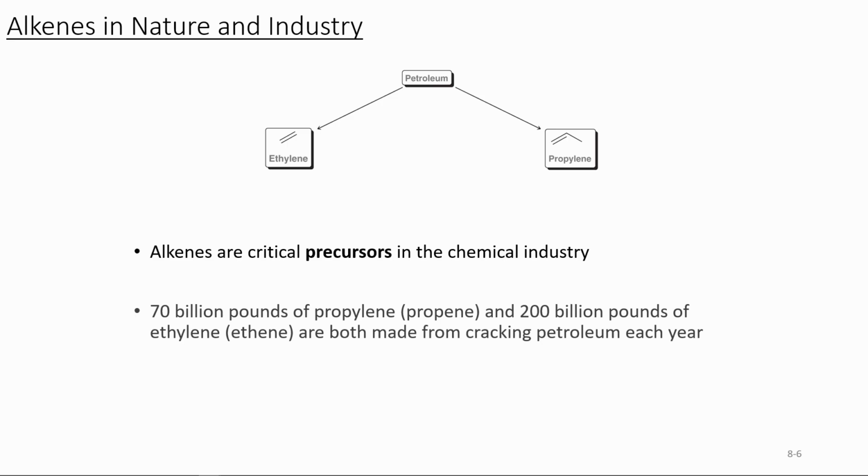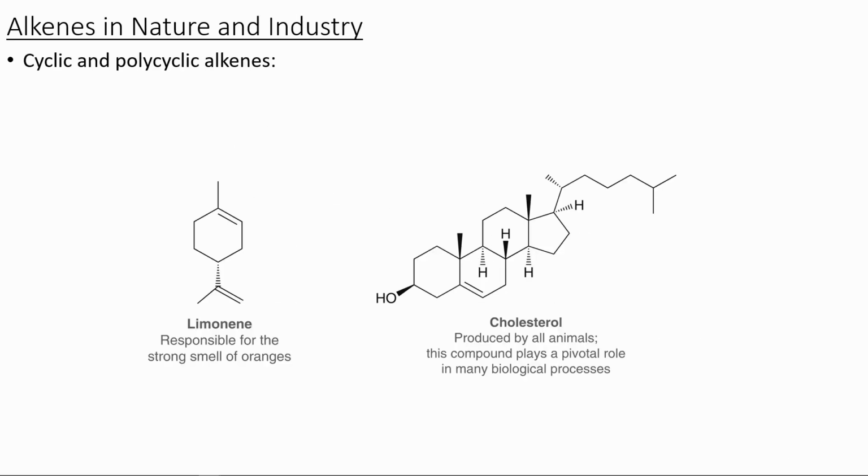Most of these building blocks, or small molecules, maybe 2 to 10 carbons, come from petroleum, and from petroleum we can directly obtain ethylene and propylene. These small 2-carbon and 3-carbon precursors are critical for the chemical industry, and they go on to make a large number of the other molecules that we use.